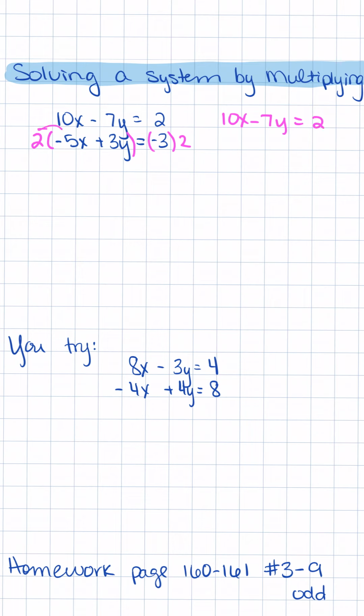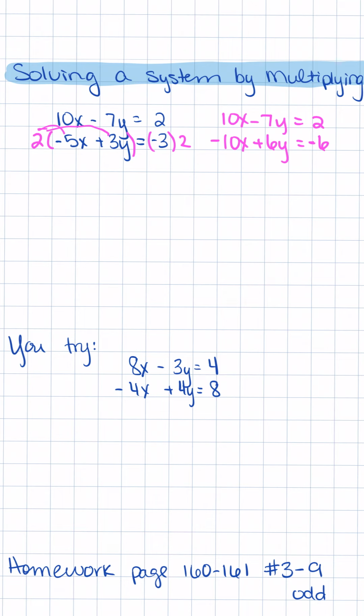And so when we multiply this in, we're going to have a negative 10x, yay, that's what we want, plus 2 times 3 is 6y, and that's going to equal 2 times 3, a negative 6.